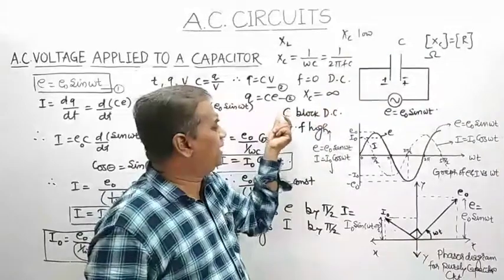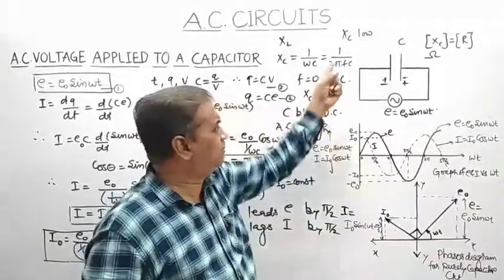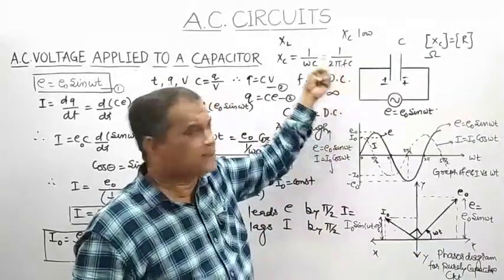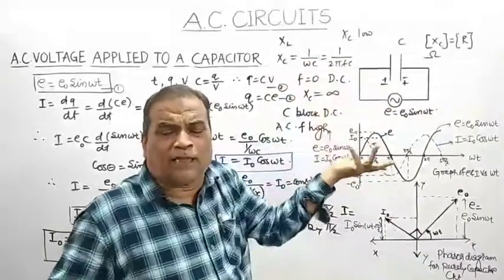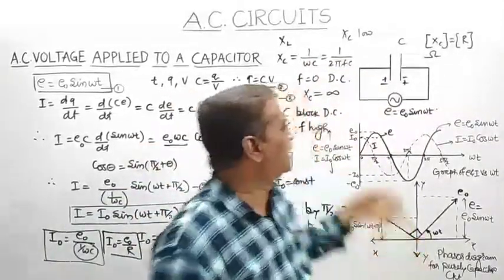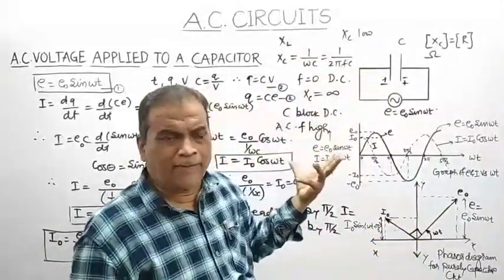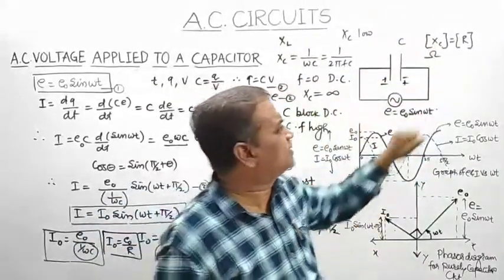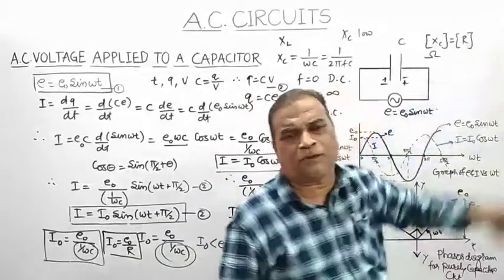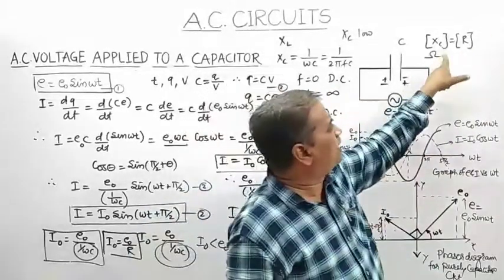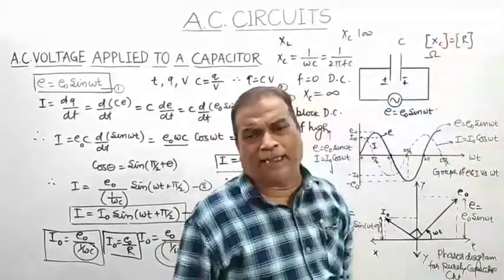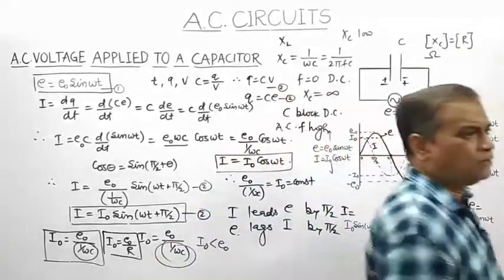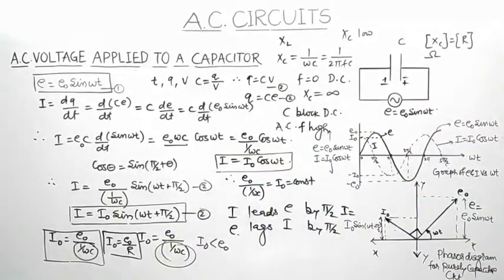But if we have AC of very high frequency, f is very high, then Xc is low. In other words, a capacitor allows AC but blocks DC. The dimensions of capacitive reactance are the same as those of resistance, so it has the unit ohm, the same as the unit of resistance.